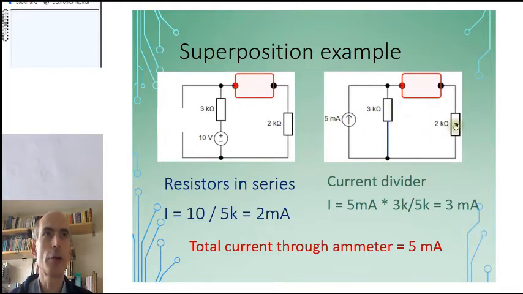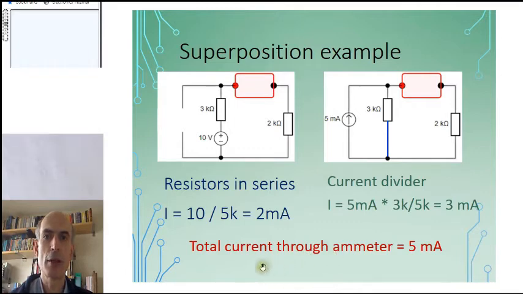And the current flowing through the 2K resistor would be the input current, 5 milliamps, times the other resistance, 3K, divided by the sum of the resistances, 2 plus 3, or 5K. So that would give 3 milliamps. Combining these two tells us that with the complete circuit, with both sources, the total current through the ammeter should be 5 milliamps. Does it work?